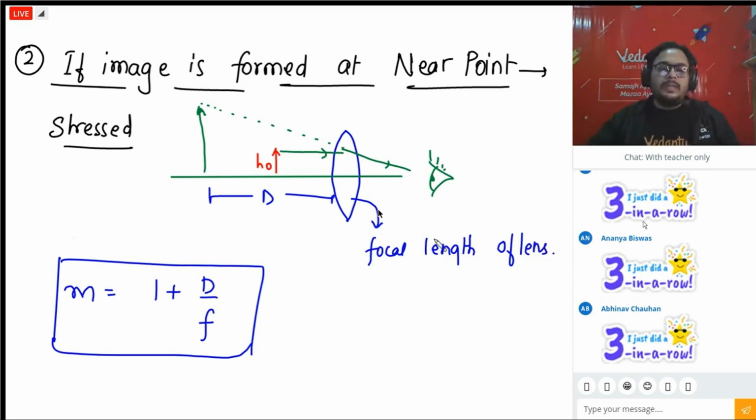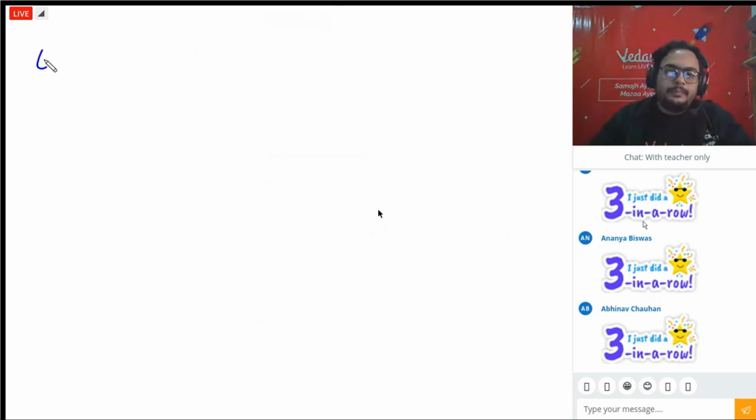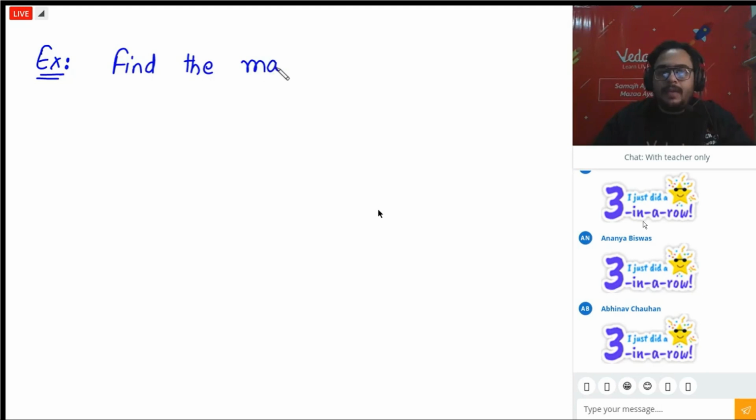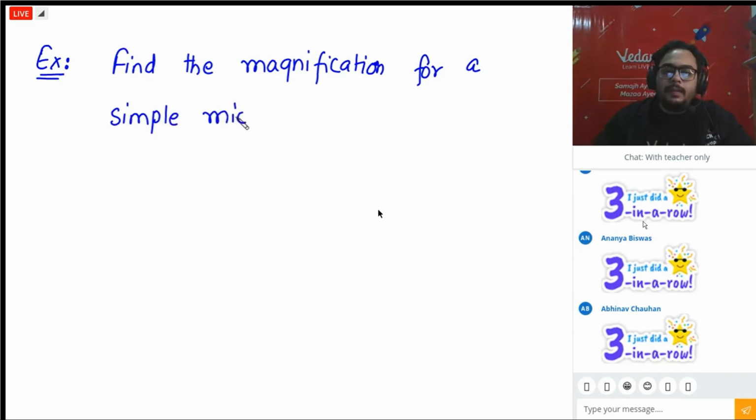So, a very simple question on it, because it is purely formula based only. Find the magnifying power or magnification for a convergent lens or concave lens or magnifying lens, whatever you want to say, or a simple microscope, you can also say. Simple microscope. Okay.